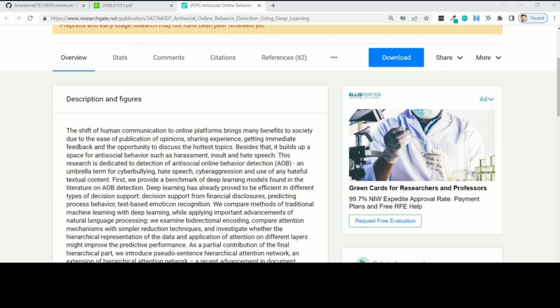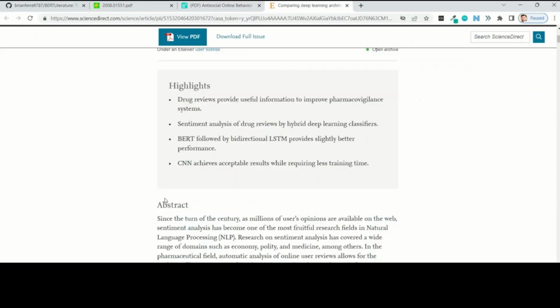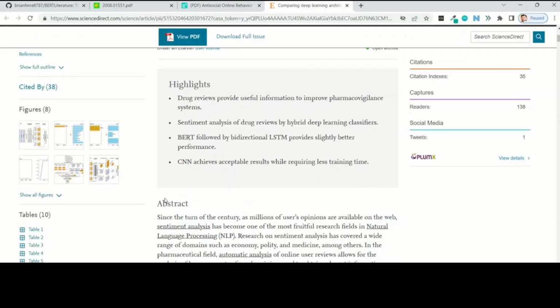So there's another paper that I have, comparing different models for sentiment analysis on drug reviews, right? These authors present different advanced NLP models on sentiment analysis tests on drug reviews.